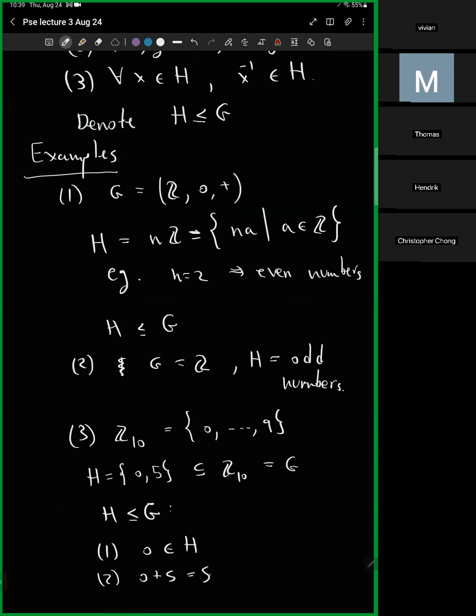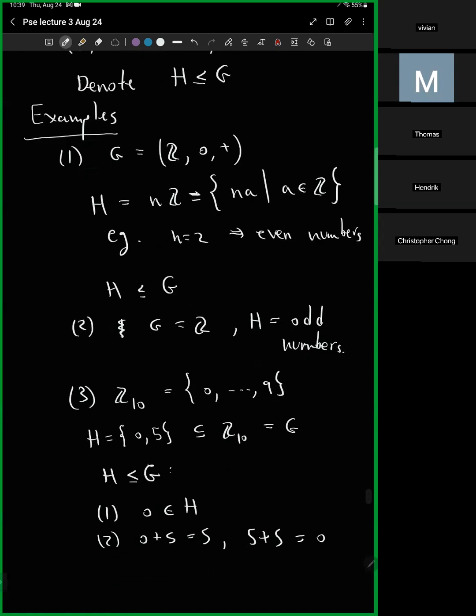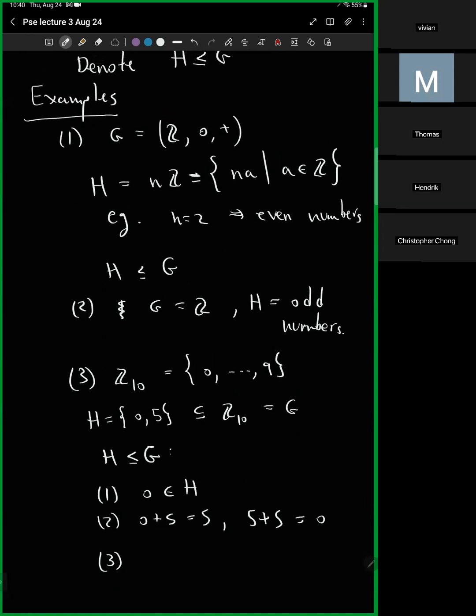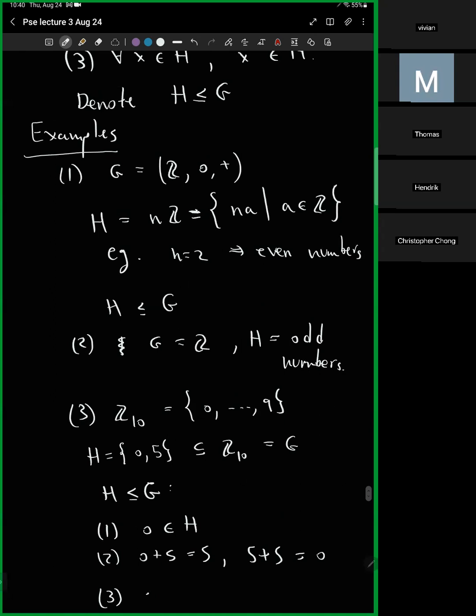If I do 5 plus 5, I get 0. So I'm always closed under the binary operation of modulo 10. And the inverse of any element is also in the group, because the inverse of 5 is simply 5 itself.